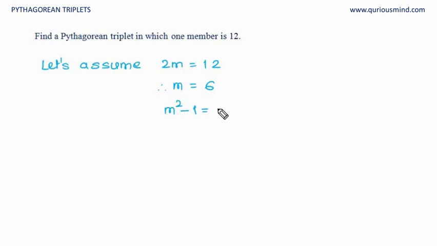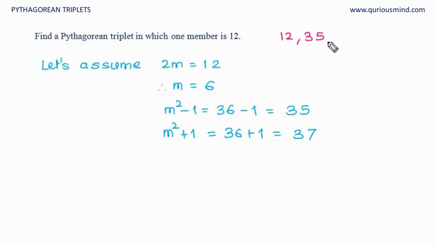So 6 square is 36 minus 1, and that is equal to 35. And the third member is going to be m square plus 1, which is 36 plus 1, and that is 37. And therefore the answer which we have is 12, 35 and 37.